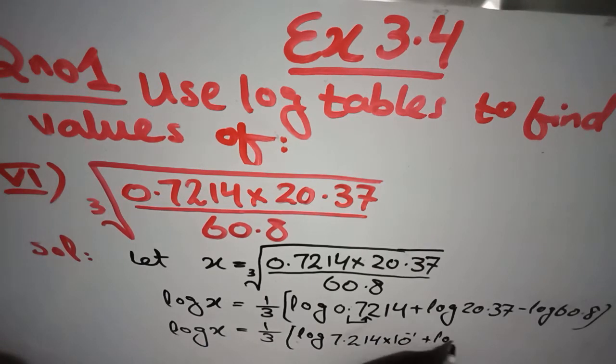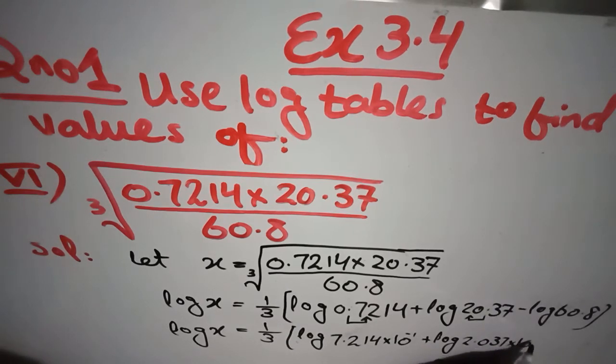Simply log 20.37, you can also change it to 2.037 times ten, the power will become positive 1.